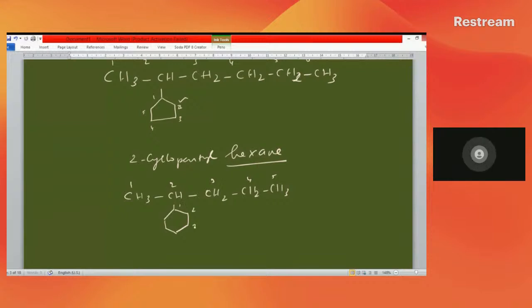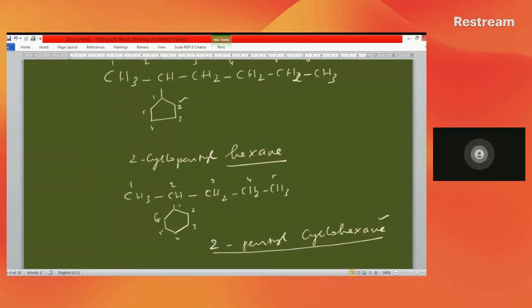But the ring is having more number of carbon atoms. How many carbons are there? 6. So it is to be called cyclohexane. And the second position is having a branch. The name of the branch is pentyl. Thus it is 2-pentyl cyclohexane.